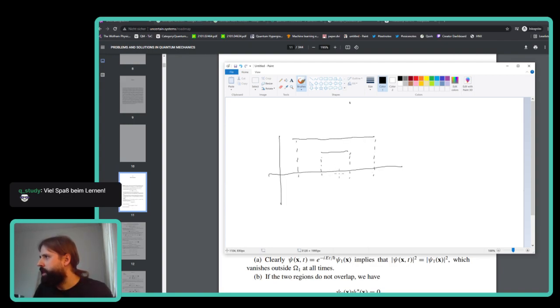And because they're inside the other, the flux is probably going to be something like this. These are the regions.